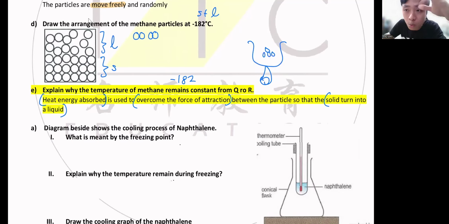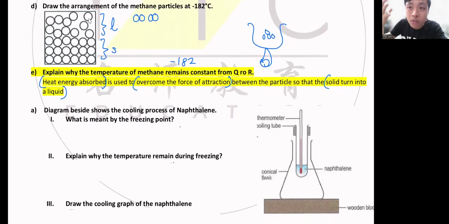But at that time, the heat energy is already used to overcome the forces between the particles. You don't say break down, you say overcome. So instead of increasing the temperature.